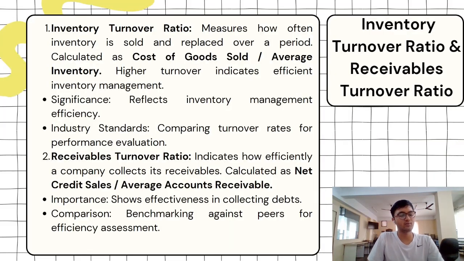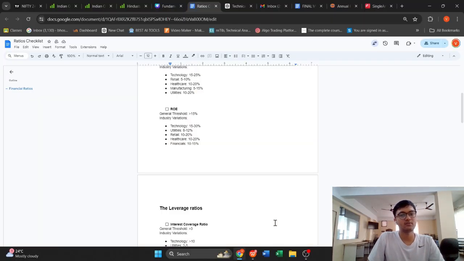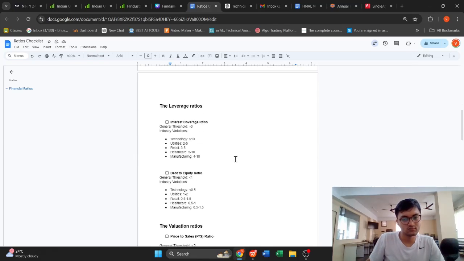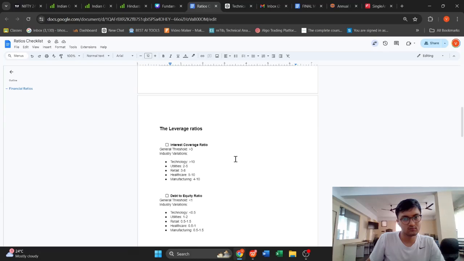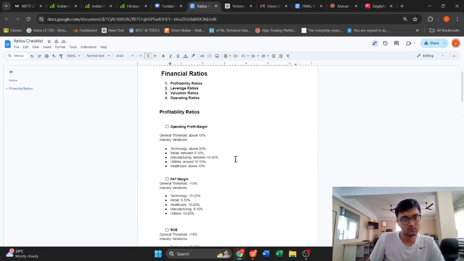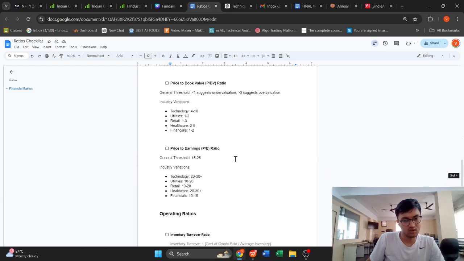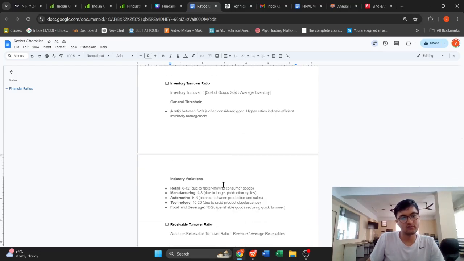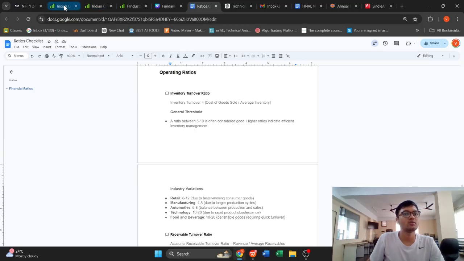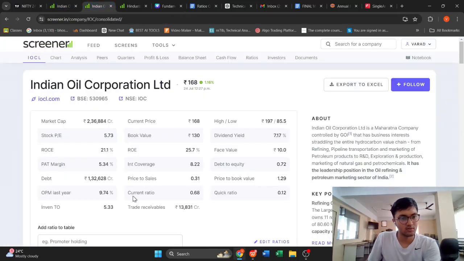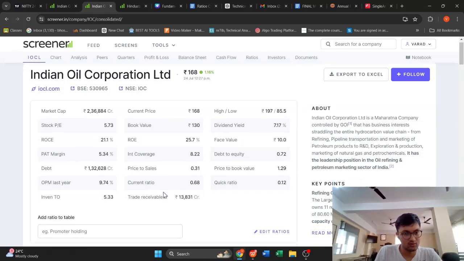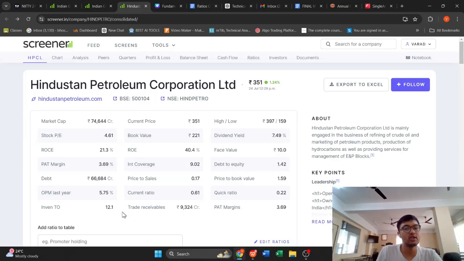Again, we'll look at the inventory turnover ratio and receivable turnover ratio in the case of IOCL and HPCL. The inventory turnover ratio in the case of IOCL is 5.33, and in the case of HPCL it is greater.